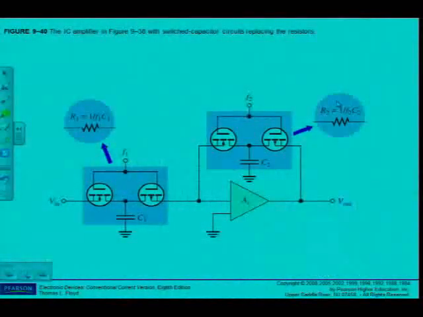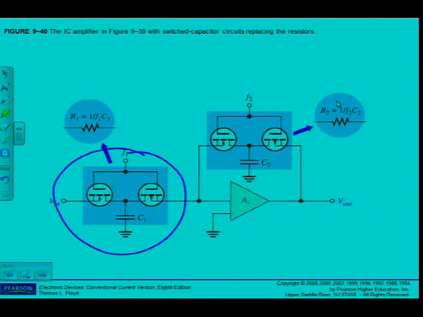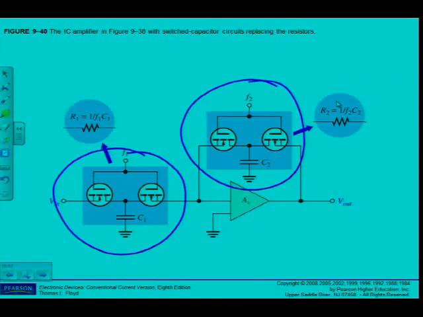As we can see now, the resistors are replaced by MOSFETs and capacitors. And I can then control, as we've seen according to the formula, the resistance by changing the frequency in both of these cases.